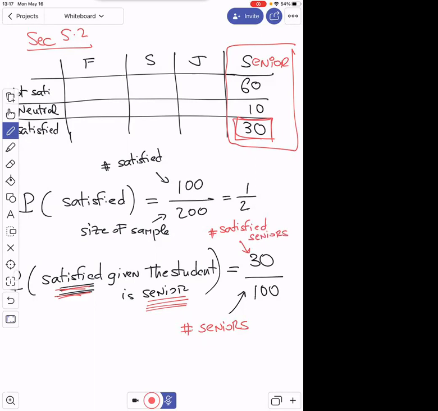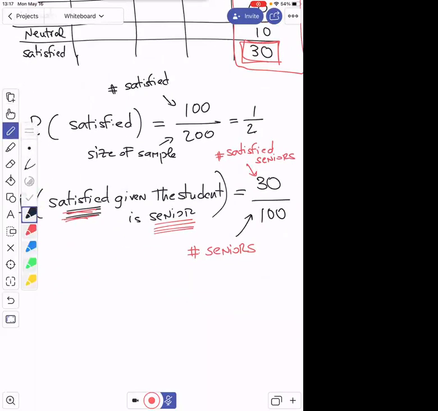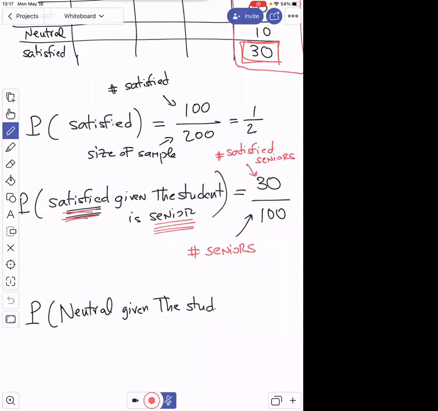So given the student is senior, the denominator, the bottom, is given by the number of seniors. For example, if we try to do the E, in the E it says probability that the student selected at random is neutral, given that the student is a freshman.